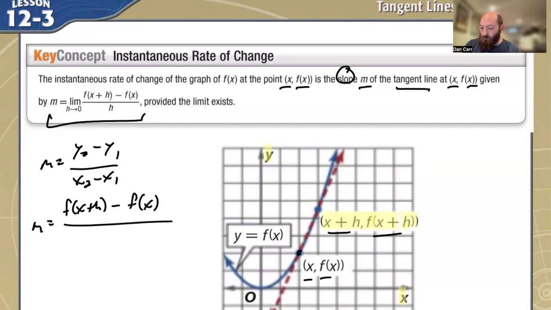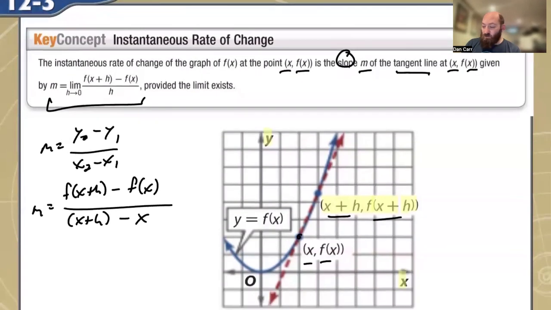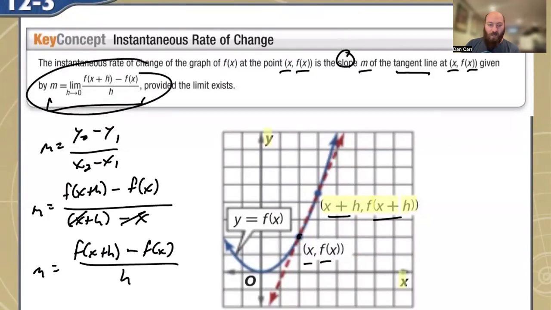That's over x2, which is x plus h, minus x. If I get rid of the parentheses, I can cancel out the x minus x. So the slope is represented by f of x plus h minus f of x over h. And that's what this is right here.